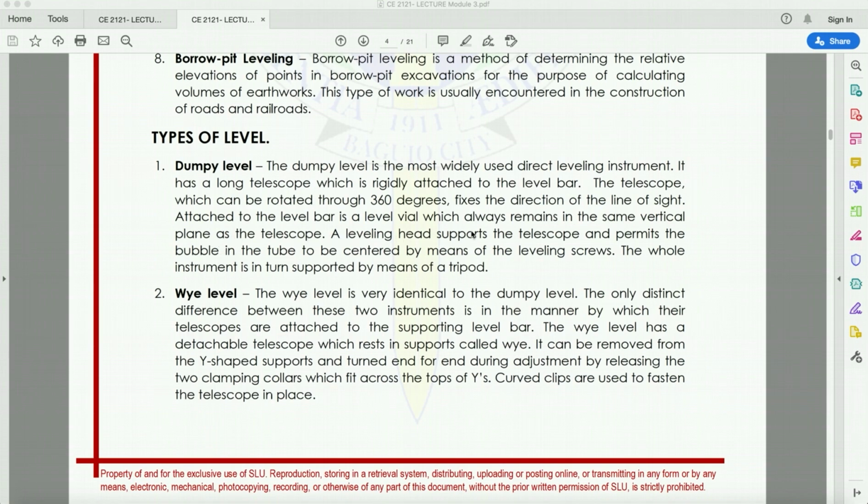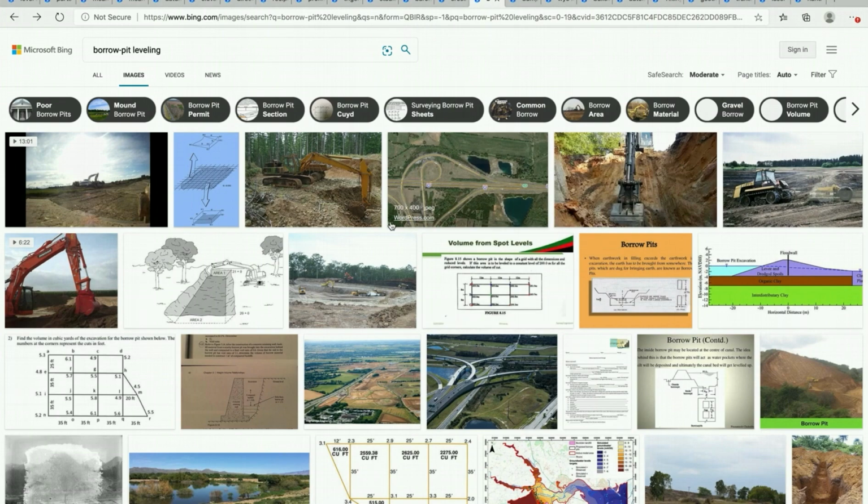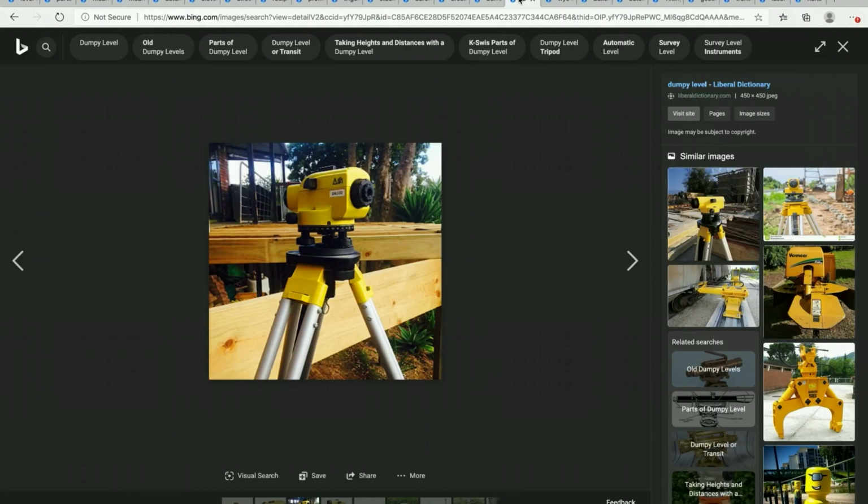A level head supports the telescope and permits the bubble in the tube to be centered by means of the leveling screws. The whole instrument is in turn supported by means of a tripod.